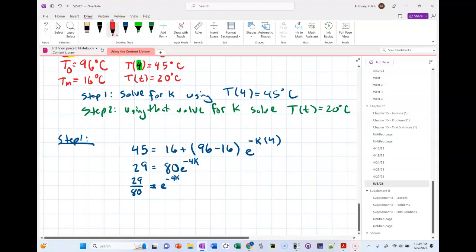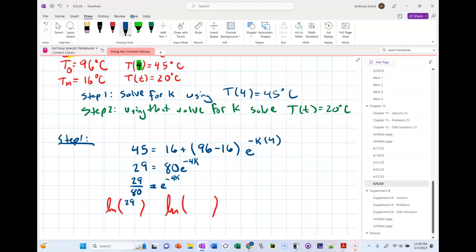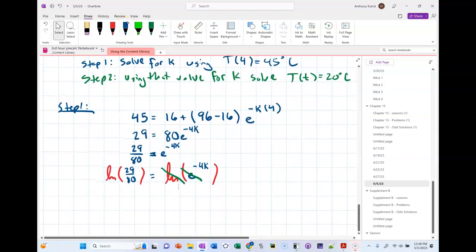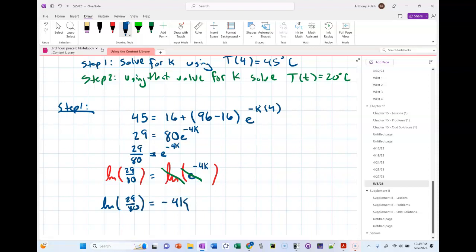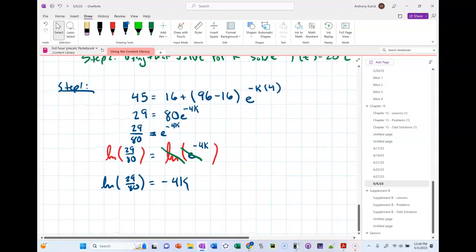Yeah, the natural log. Great. So we'll do the natural log of both sides. Absolutely. And then the last step would just be to divide by -4, right?